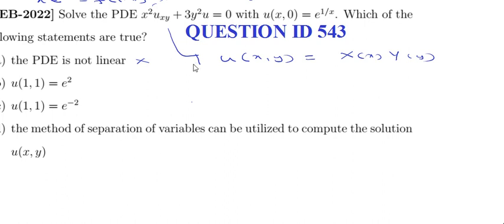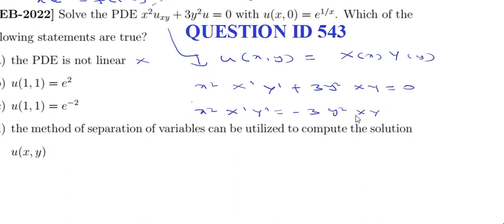Therefore the given equation becomes x square into u xy, so differentiation, X dash Y dash, plus 3 y square XY equal to 0. Now x square X dash Y dash equal to minus 3 y square XY.